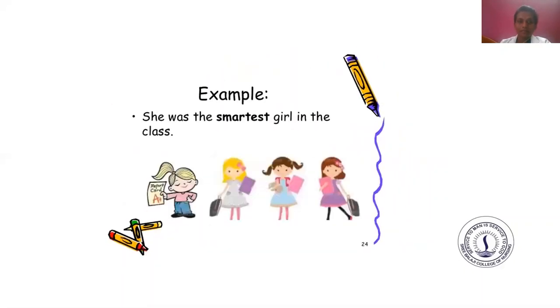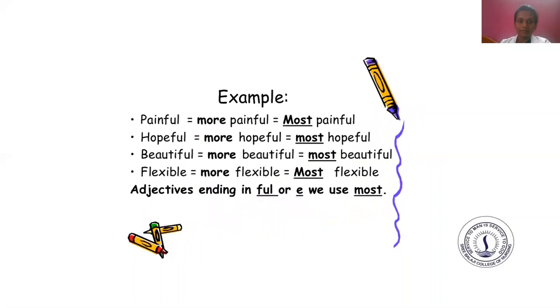And once again, see all the examples and make sentences with "most" also. "I'm the most beautiful girl in the class." So you are saying you are the most beautiful, which means you are comparing yourself with all others in the class. So make sentences with "more" and "most" also.